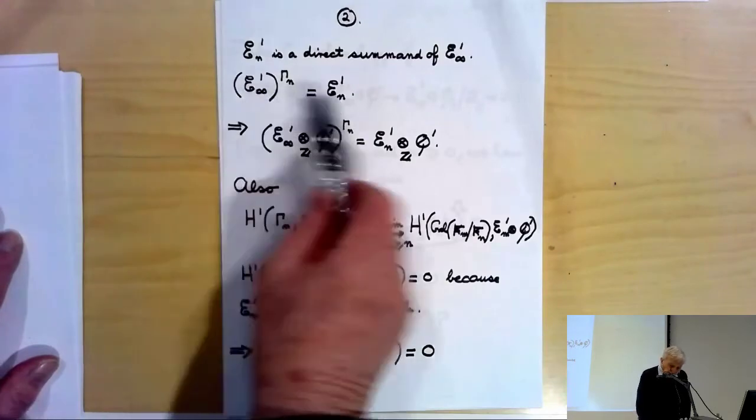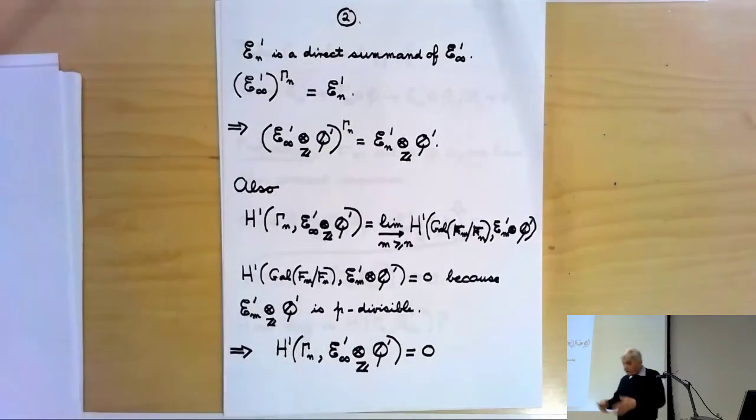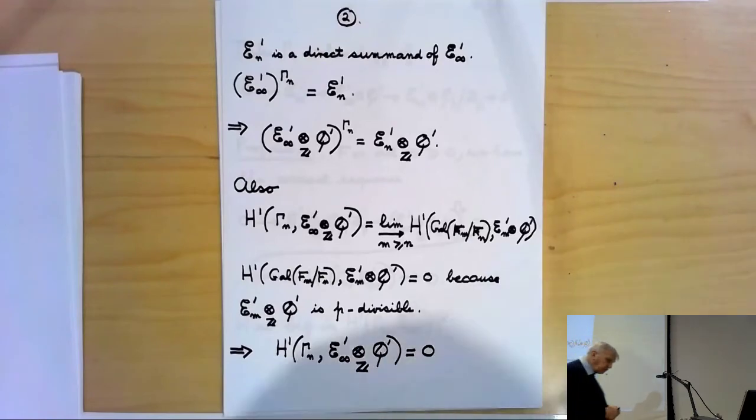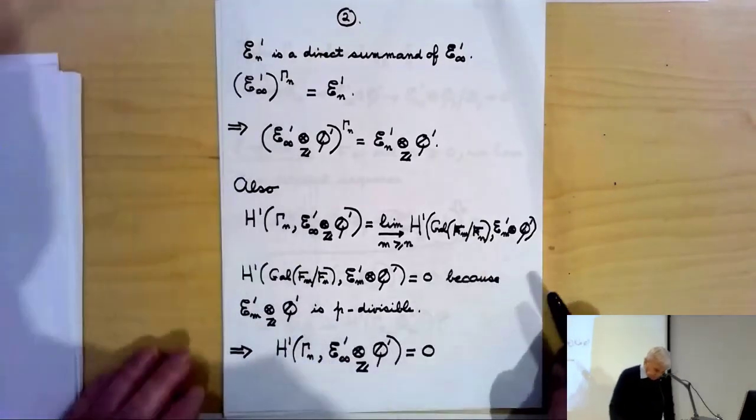This is, of course, true essentially by Galois theory. You remember always that it's obviously the statement for the E_n prime, and it then follows for the curly E_n prime because the cohomology of the units is trivial.